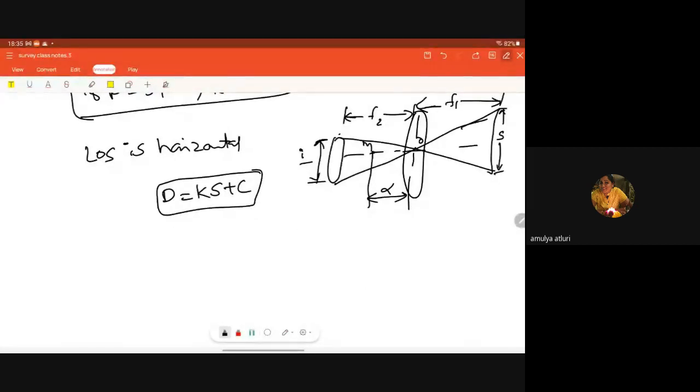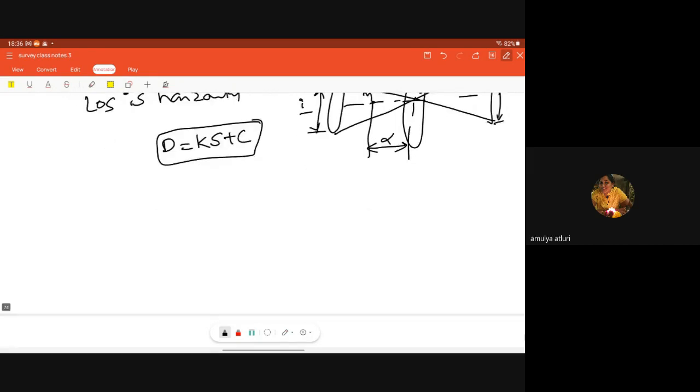Then M is the center of the instrument. O is the optical center of the objective and eyepiece. S is the staff intercept. I is the stadia intercept. Alpha is the distance between the optical center and the center of the instrument. And capital D is the horizontal distance between the object and the instrument. F1 and F2 are the focal lengths.